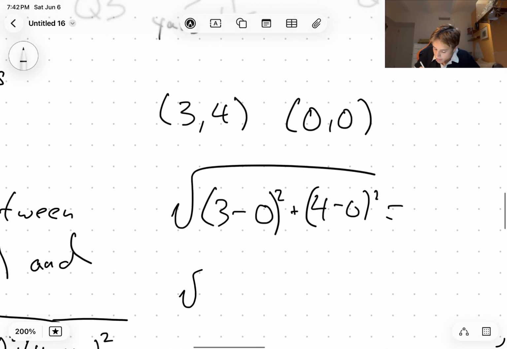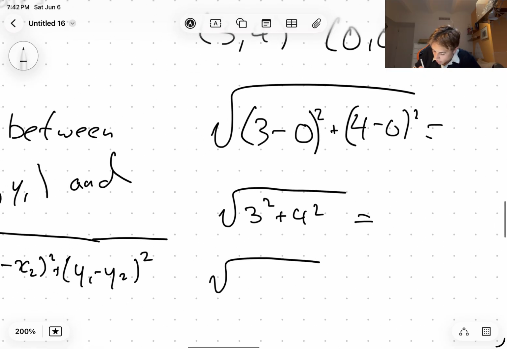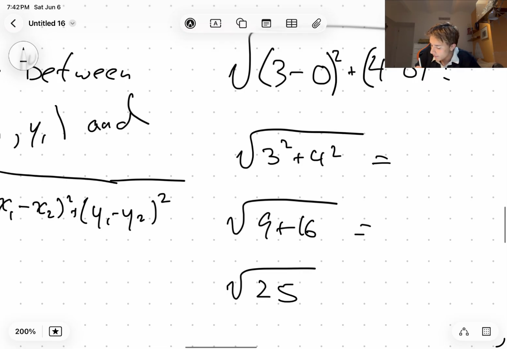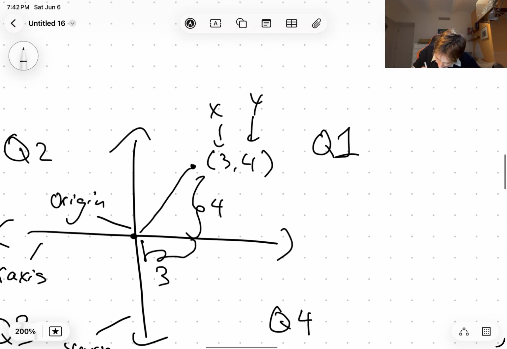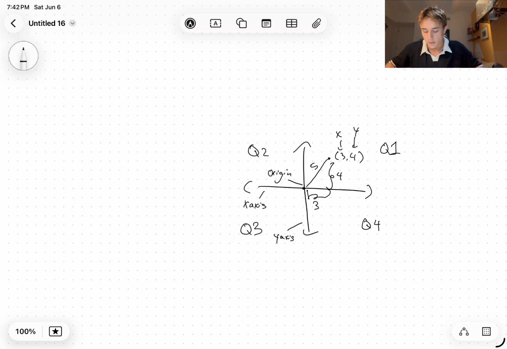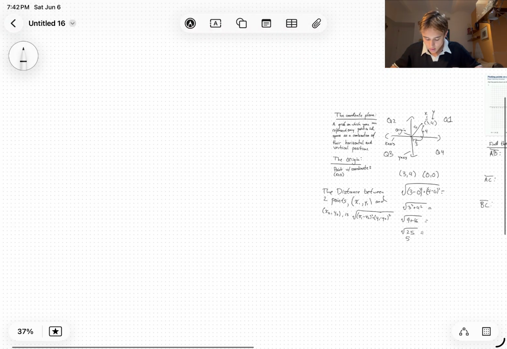Notice that this is just the square root of 3 squared plus 4 squared, which is the square root of 9 plus 16, which is the square root of 25, which is 5. So this line right here would have length 5, because the point 3, 4 is 5 away from the origin. So that's all you need to know.